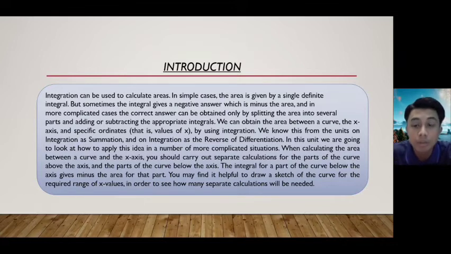The integral for a part of the curve below the axis gives minus the area for that part. You may find it helpful to draw a sketch of the curve for the required range of x values in order to see how many separate calculations will be needed. Okay, let's move on to the next slide.